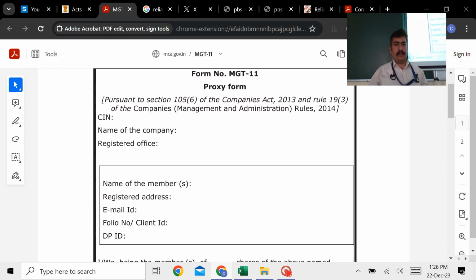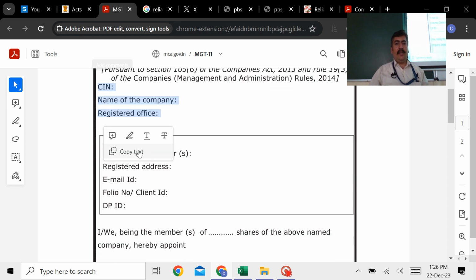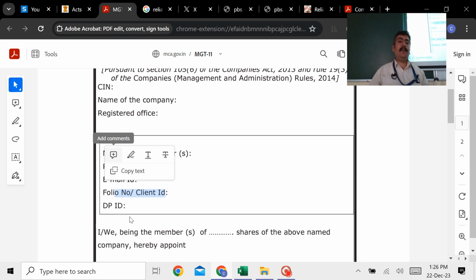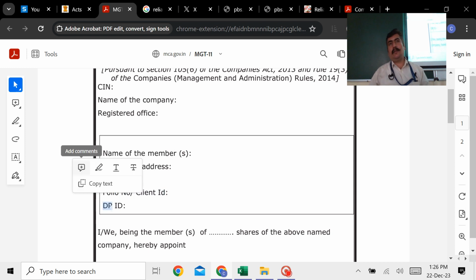Look at the contents. Pursuant to section 105, that's exactly what we are learning as of now, read with rule 19, sub-rule 3 of the Companies (Management and Administration) Rules 2014. First of all, it provides the details of the company, name of the member, registered address, email ID, folio number, client ID, DP ID. That means his basic details about the shares he is holding.